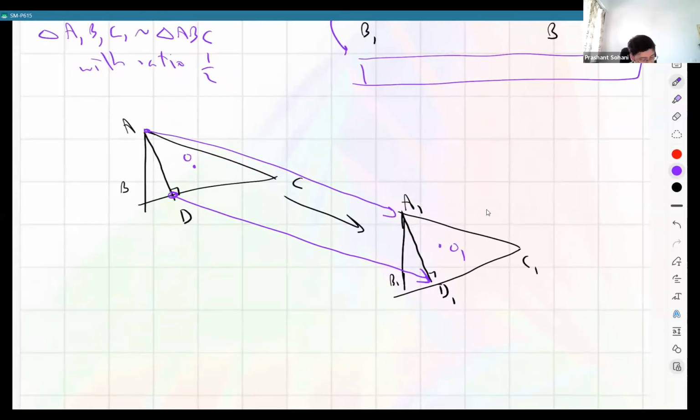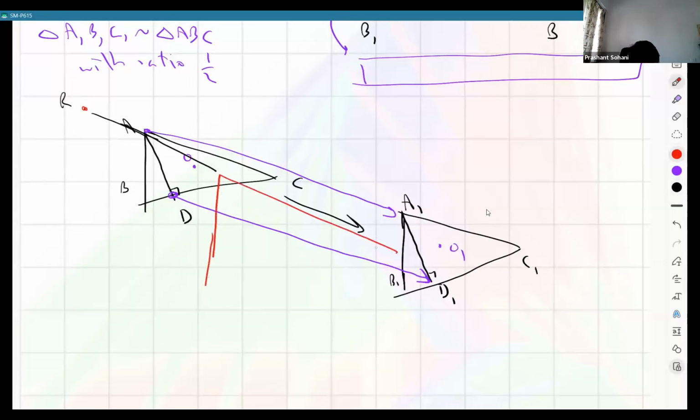Suppose I decide to choose some different point, R. So suppose R is the center of homothety, and I apply homothety to triangle ABC, and let us say ratio 2:1. Under that homothety, the triangle will become a larger triangle like this, right?